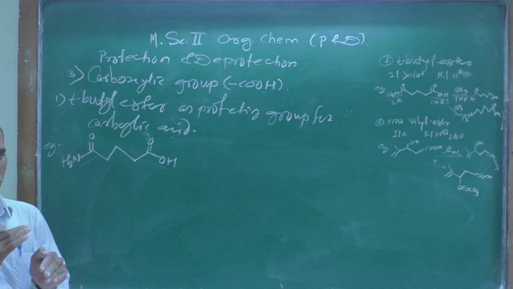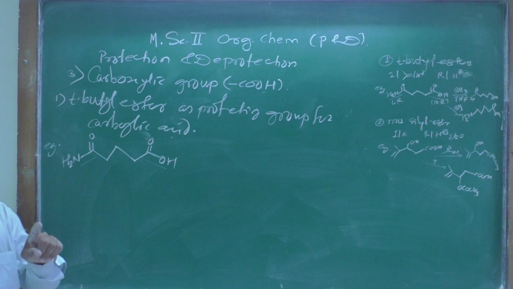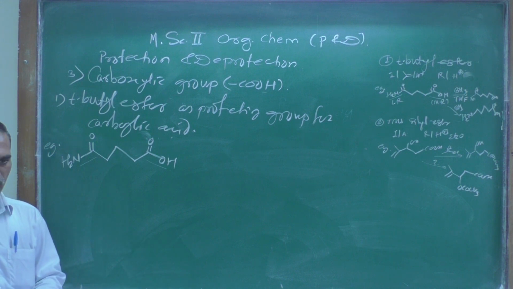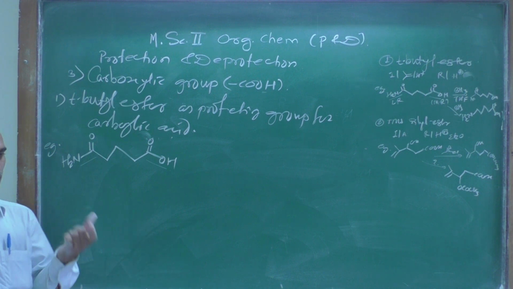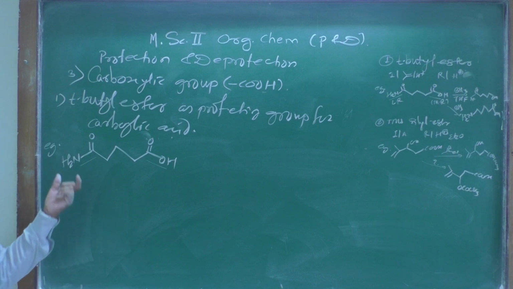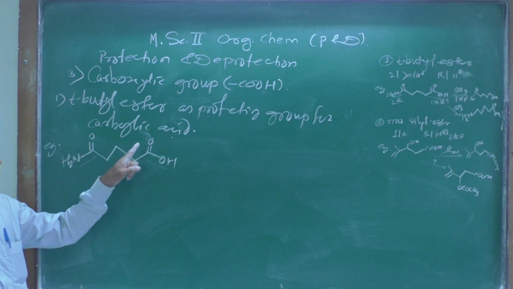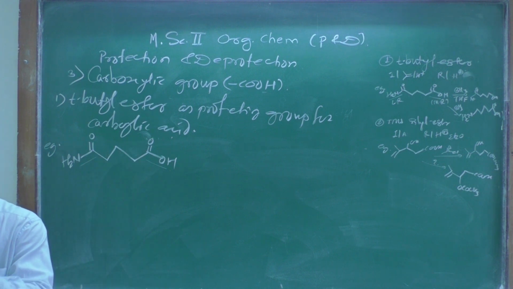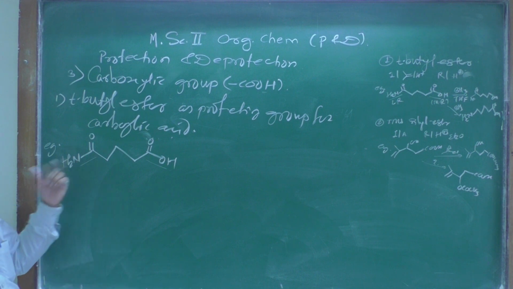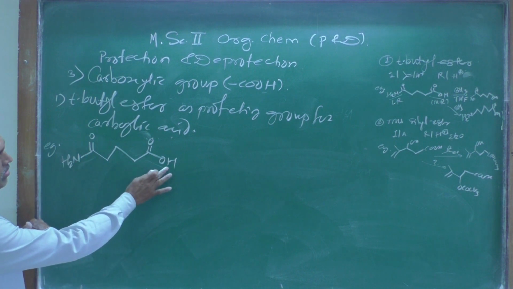And as we know about reactivity, according to your opinion, which group is more reactive in nature, amide or acid? Among these two, the acid group is more reactive than the amide, that you remember.